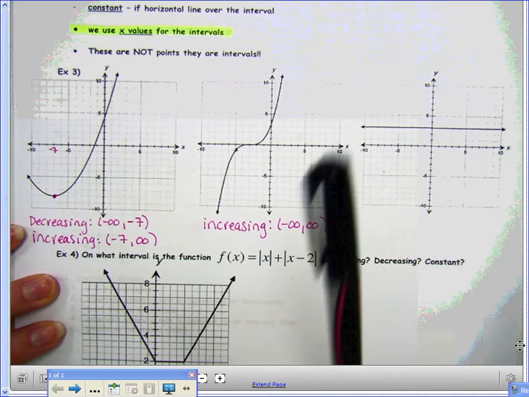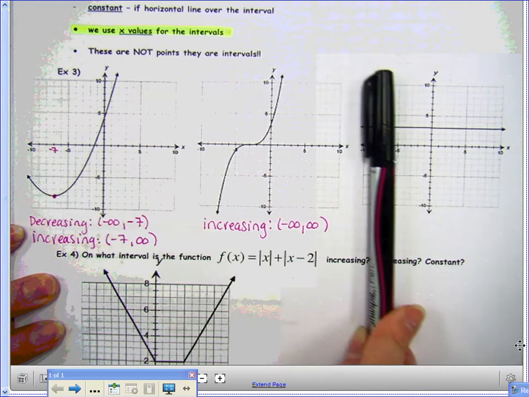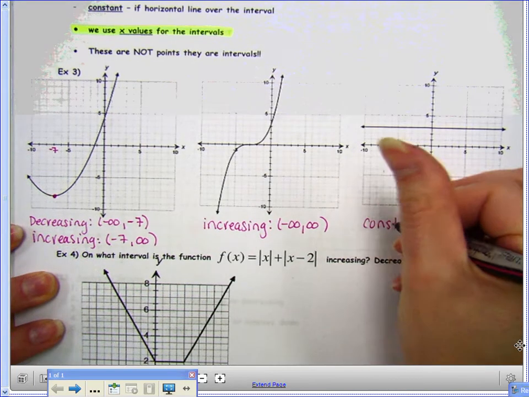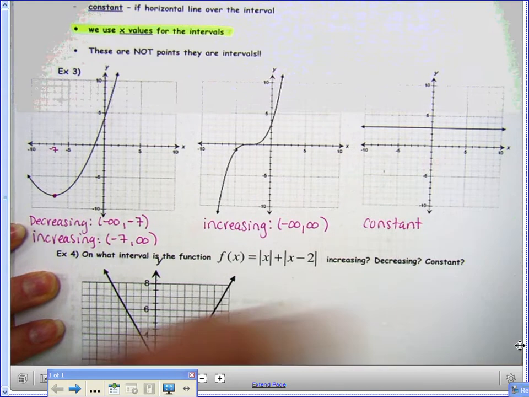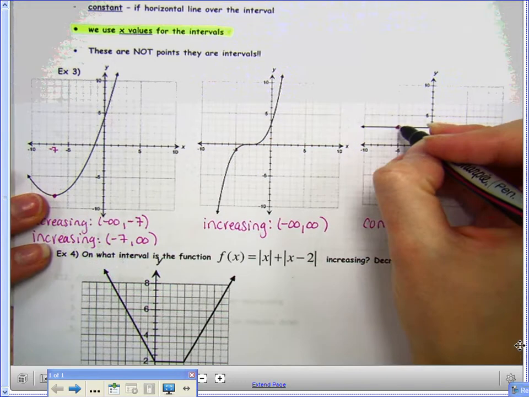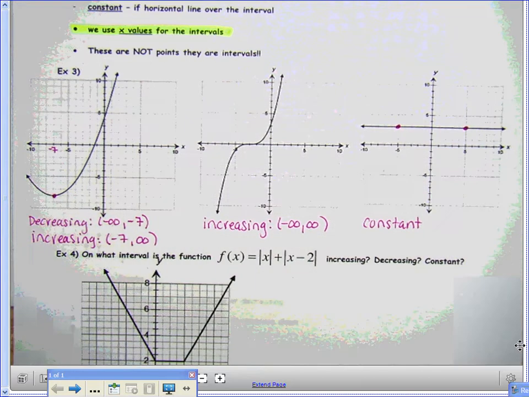And if I look at the last one, this is a horizontal line, so this would be considered to be constant. Now constant's different. If it didn't have the arrows on the end, we know we're constant from negative infinity to infinity. If it didn't have the arrows, and let's say it had stopped here at -5 and 5, then since it can be equal to -5 and 5, since it's constant from those two numbers, you would actually use brackets, so constant's a little bit different.